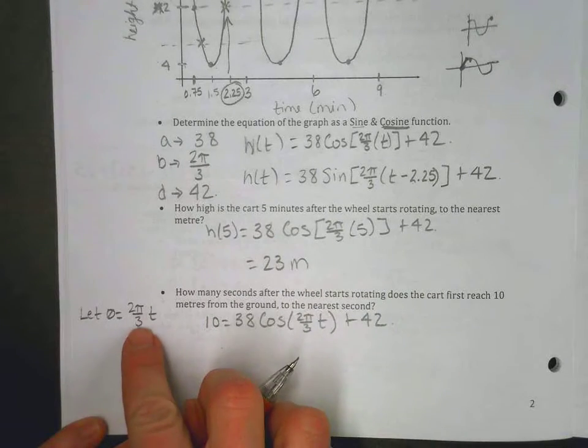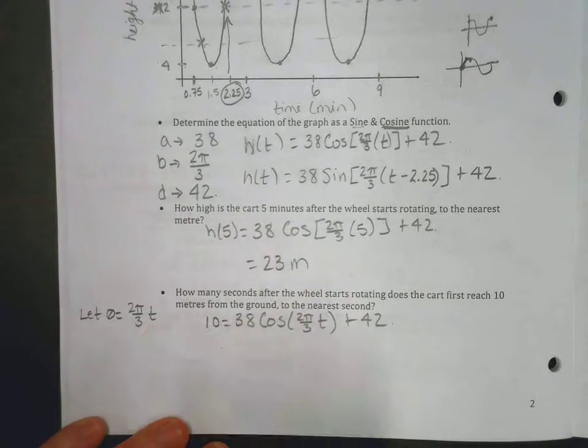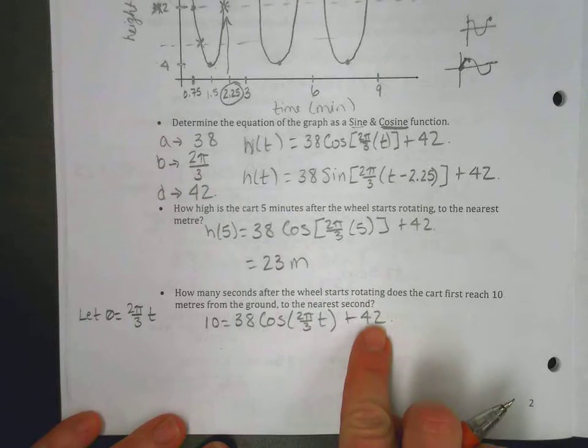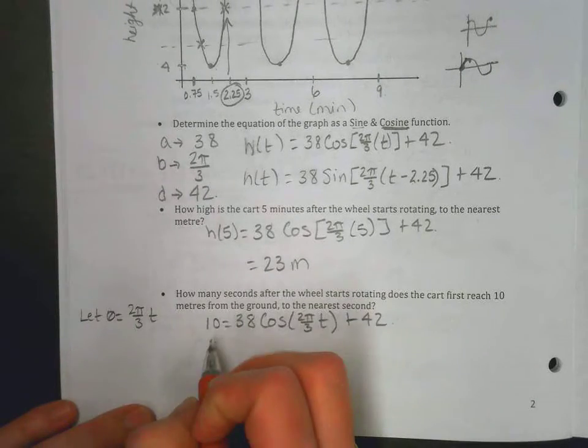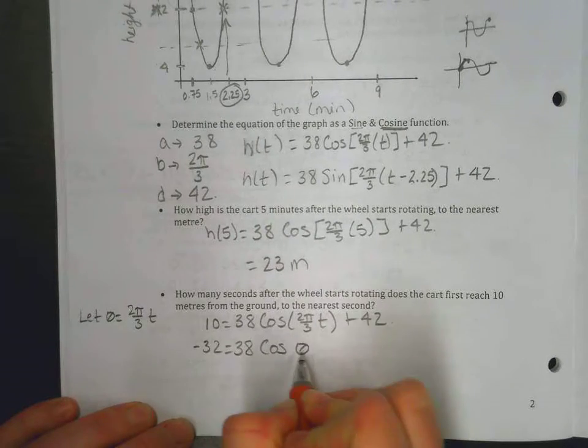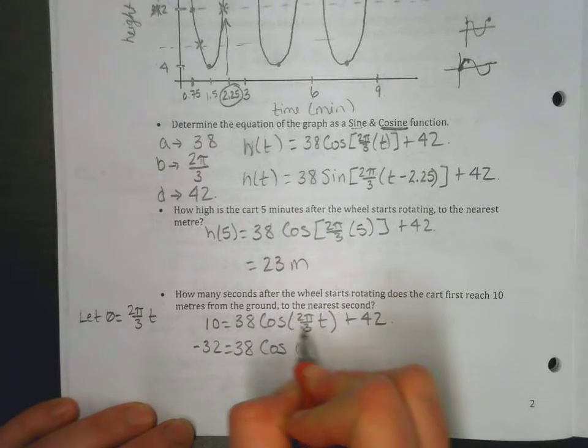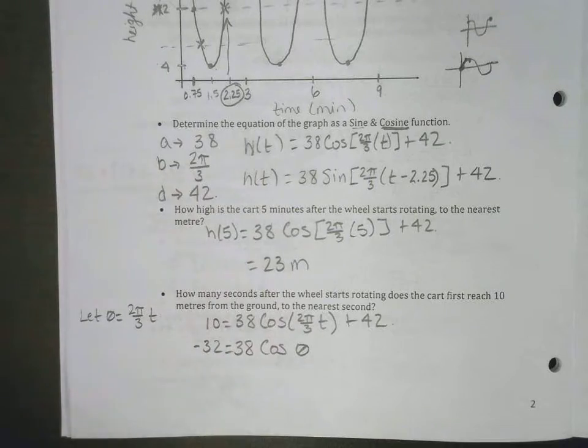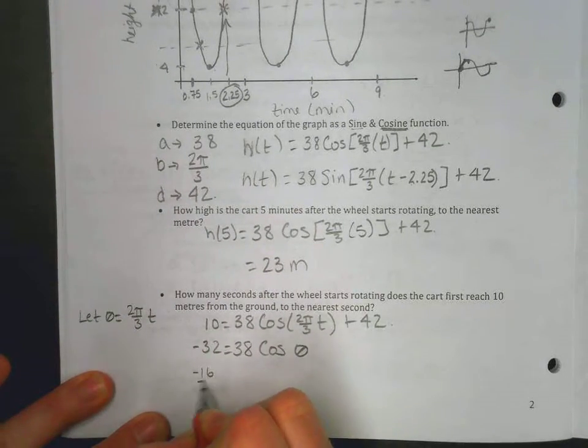I'm going to do this with just theta now instead of 2 pi over 3. And then my next step would be to divide by 38. Okay. So now we would want to solve this. This is our ratio for cosine of theta.